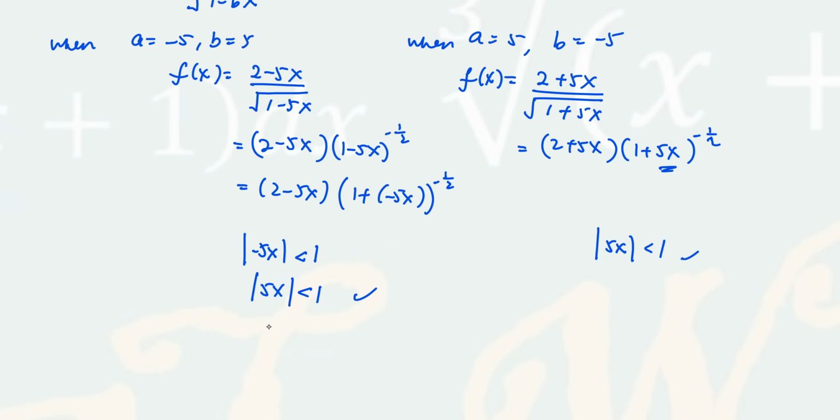So which means my modulus x is less than 1 over 5. Right, because the step-by-step working is going to be 5 modulus x less than 1. Therefore, modulus x less than 1 over 5.